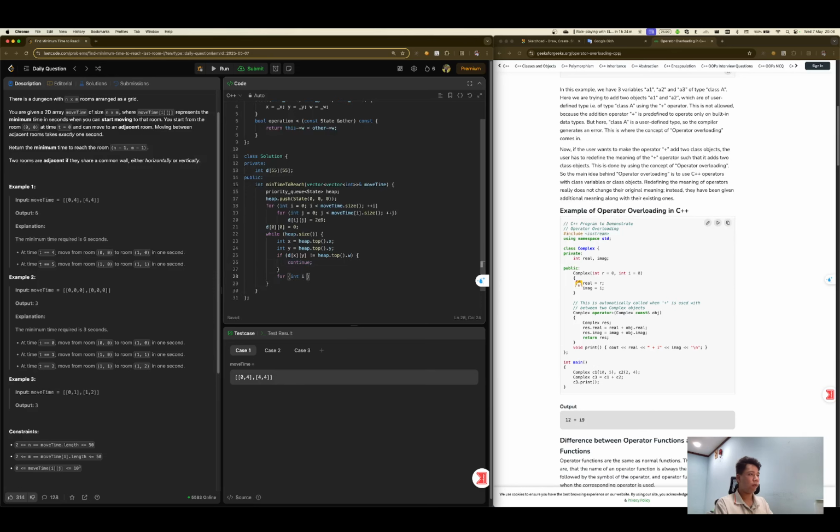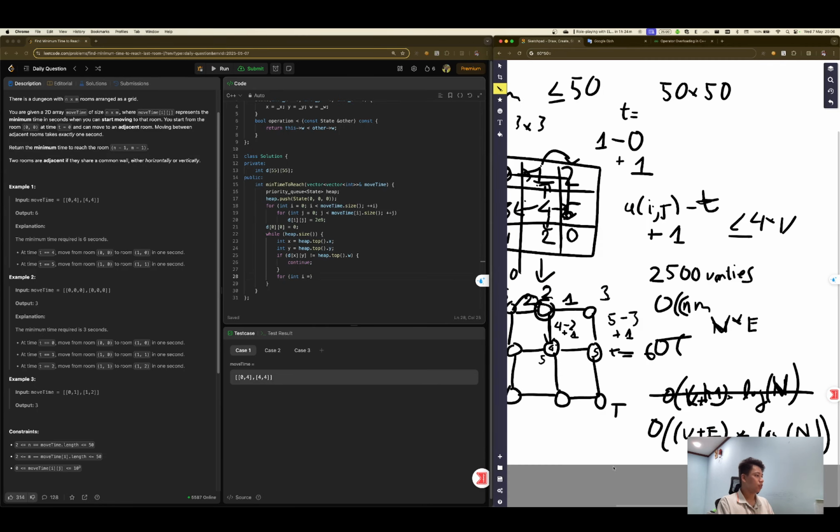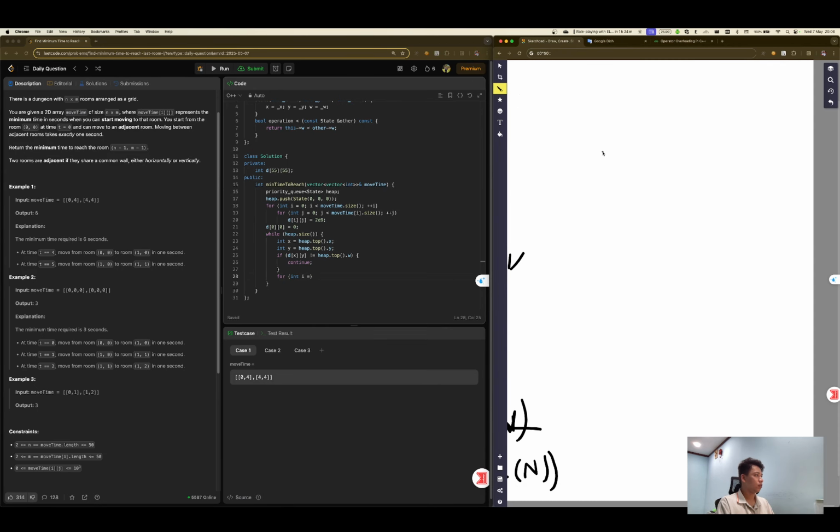We want to loop from a cell. From a room you can go in four directions.